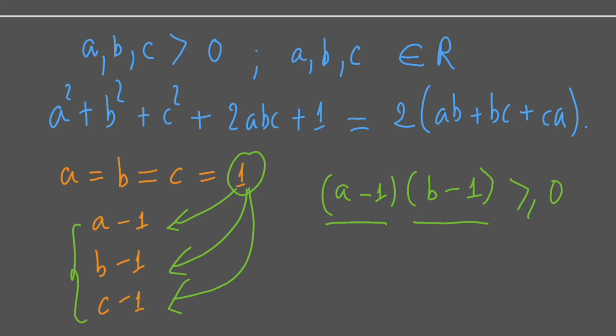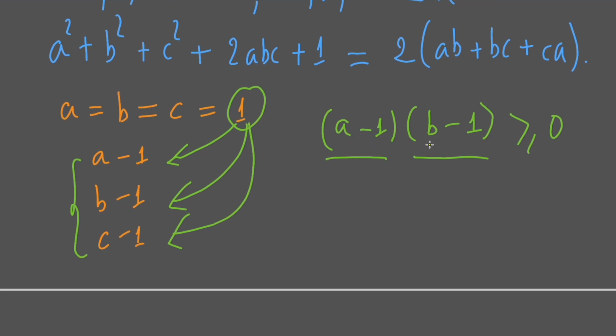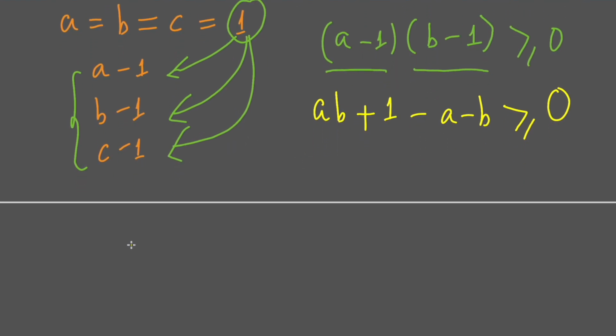In this case, we assume that a minus 1 and b minus 1 have a product greater or equal than 0. From this, you have ab plus 1 minus a minus b greater or equal than 0. So transferring it, you have ab plus 1 greater or equal than a plus b.